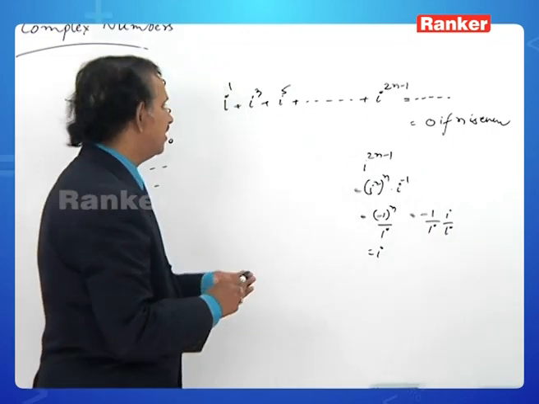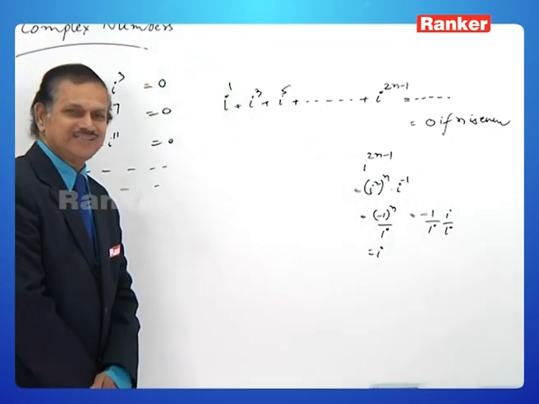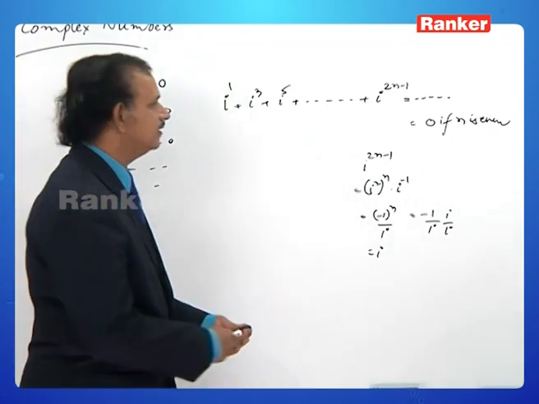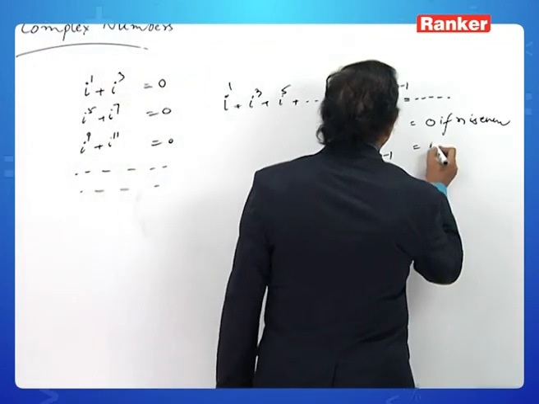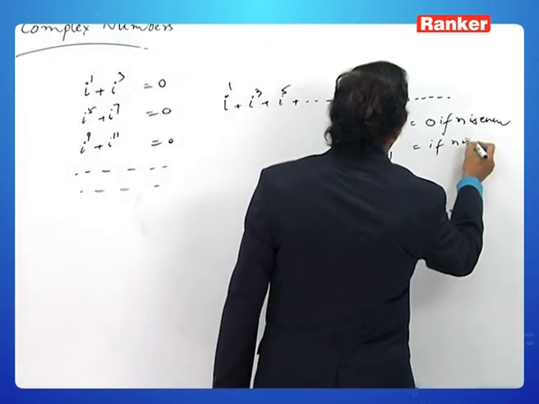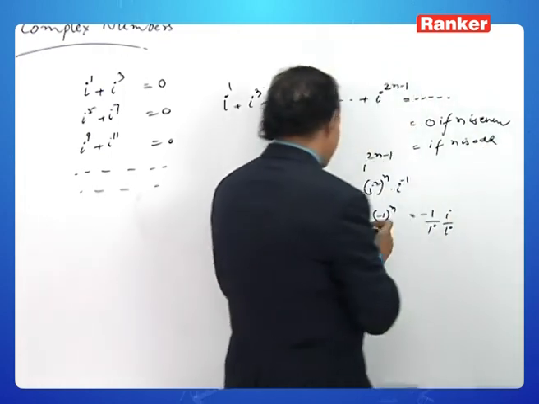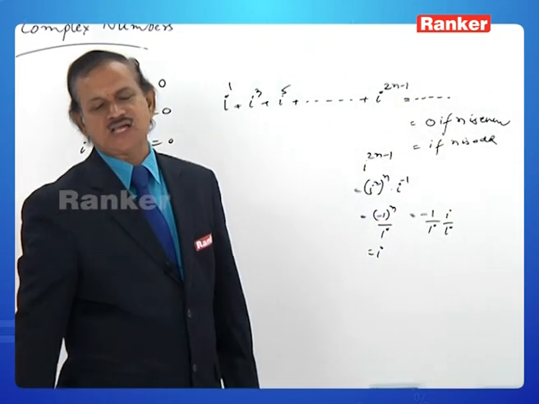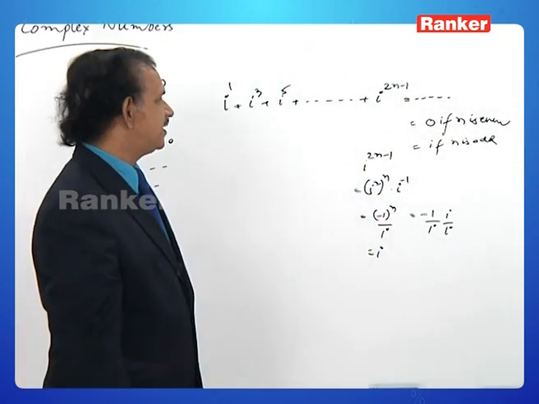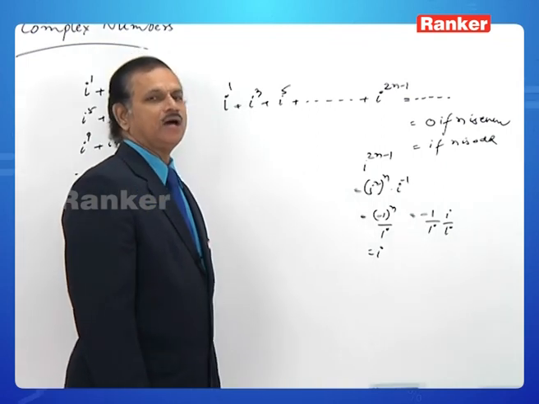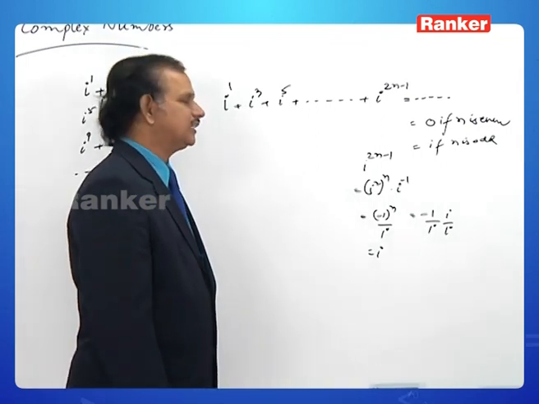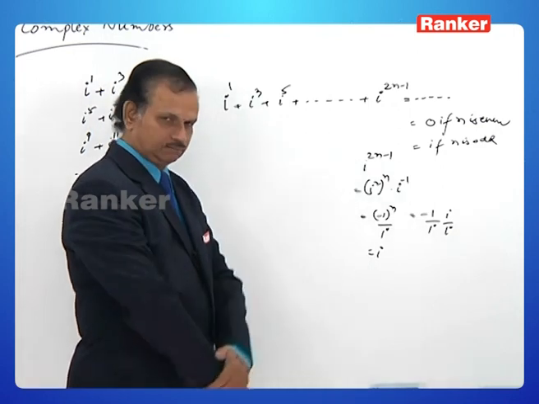So the answer is i if n is odd. The thing that you have to notice is, while estimating this sum, why are you interested to consider the last term only? That I want to have.